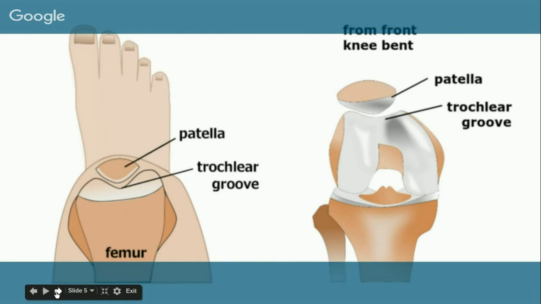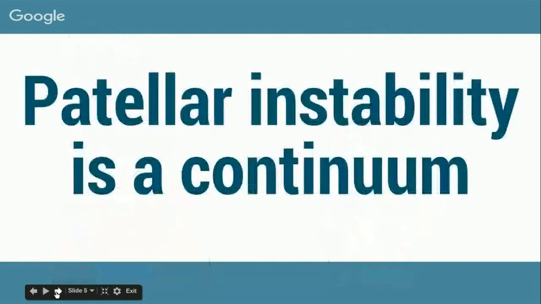Okay, now you gave me this slide, or we developed it together, that it's a continuum. So is recurrent instability at the far end of the continuum, or is there worse than that? And what do you mean by the opposite end of this continuum? The lightest kind of patellar instability is where the patella just subluxes rarely.